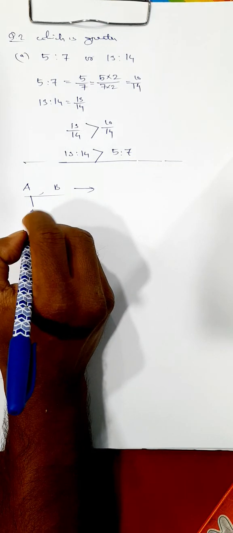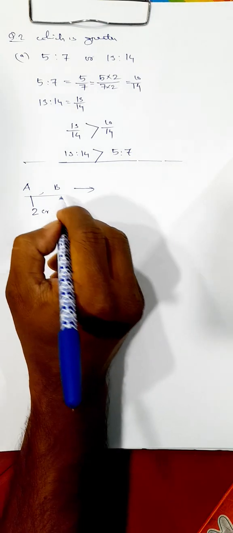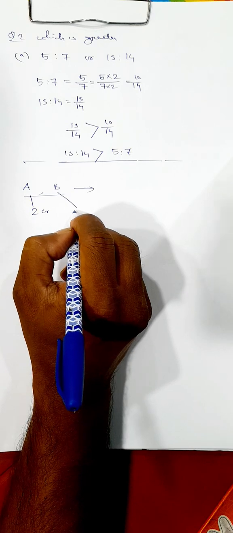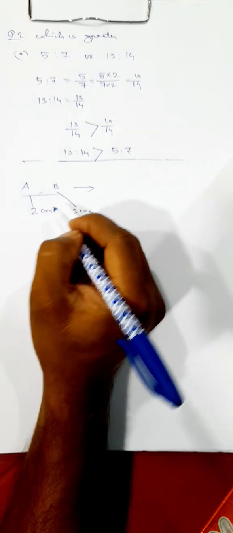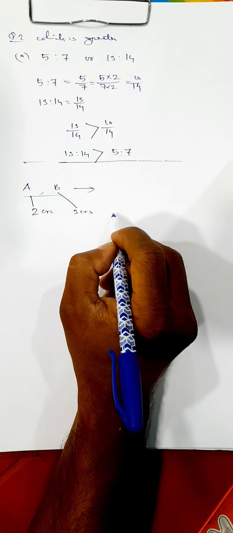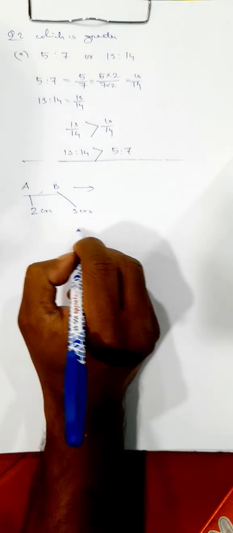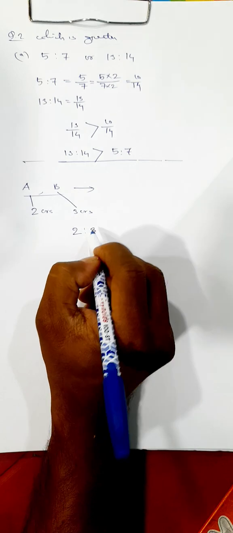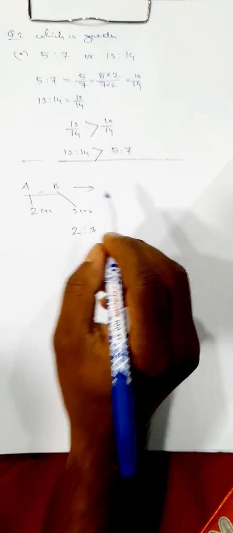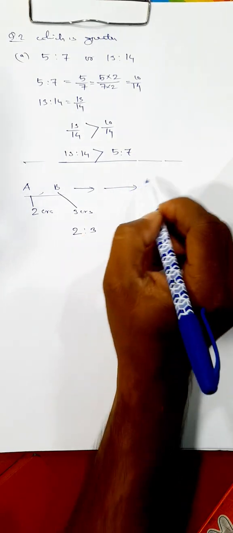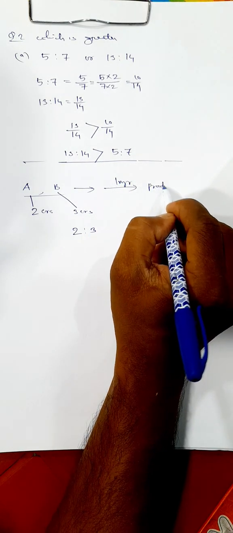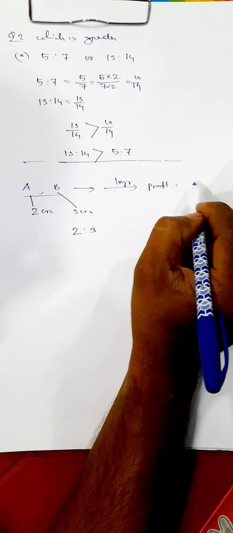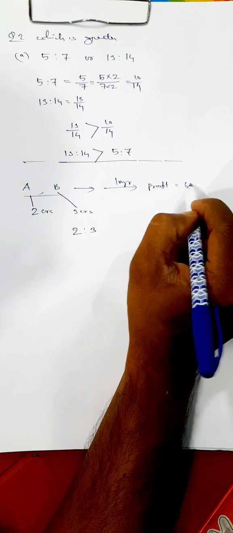A invests suppose 2 crore and B invests, say for example 3 crores. Now the ratio of their investment is 2:3. Say for example, at the end of 1 year, they made a profit, suppose 60 lakhs.